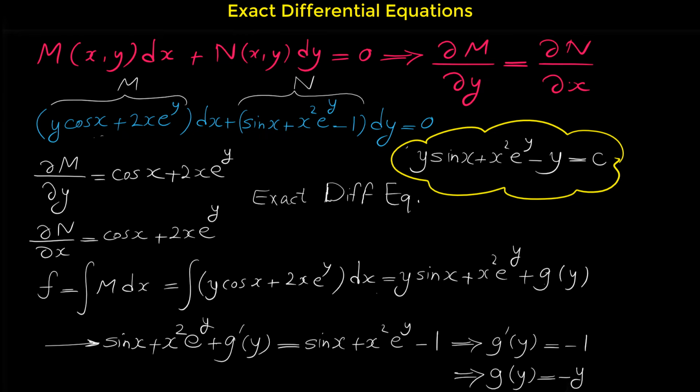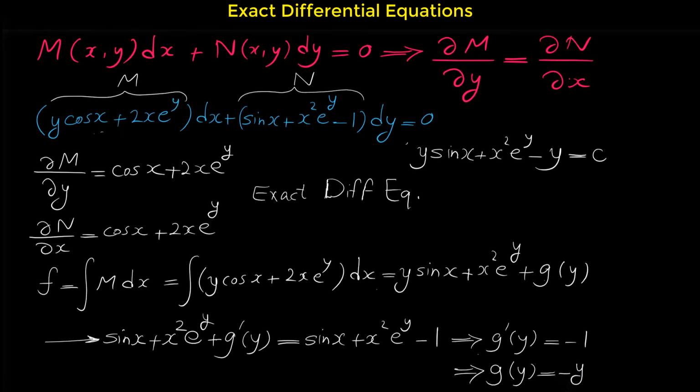Then for finding g of y, you have to integrate g prime of y. After you find g of y, you can substitute g of y with the expression that you found, and you can write your solution. Before doing the next example, let me show you the shortcut method for solving exact differential equations.